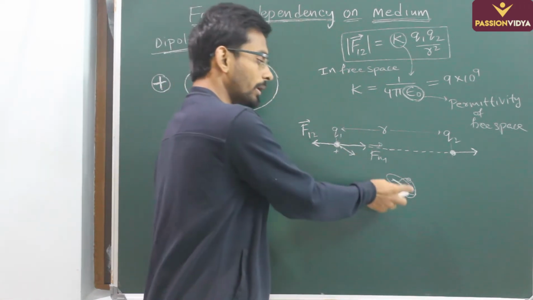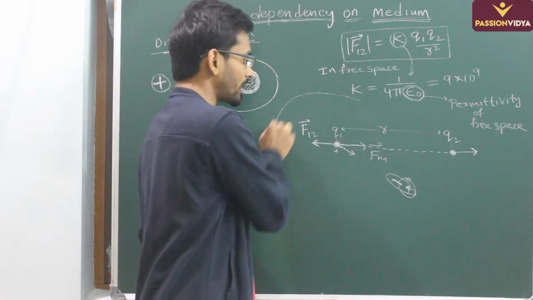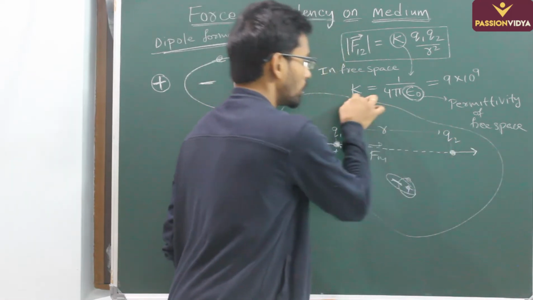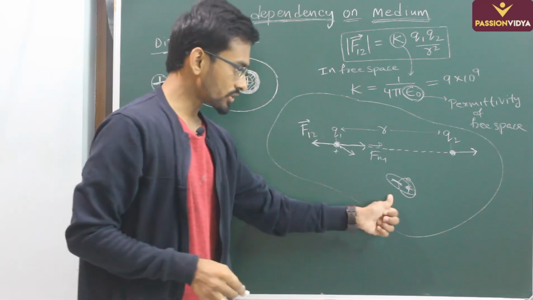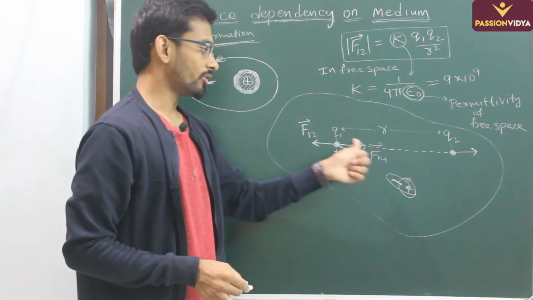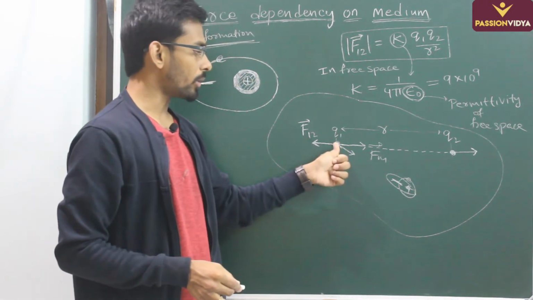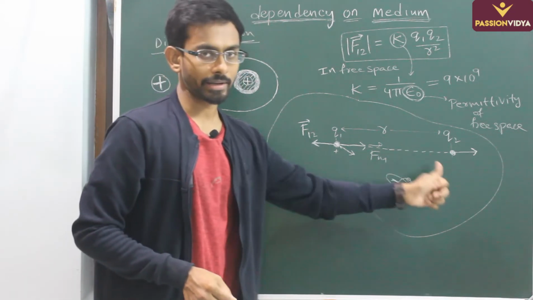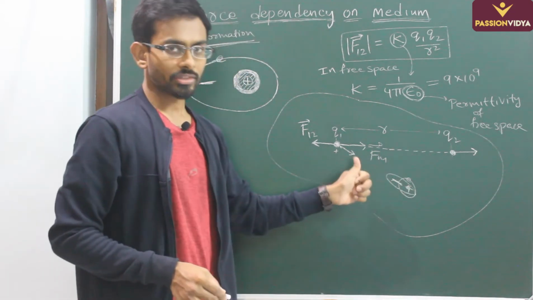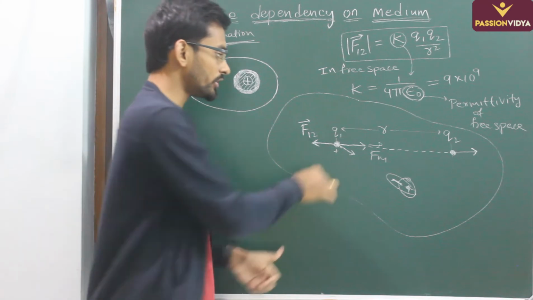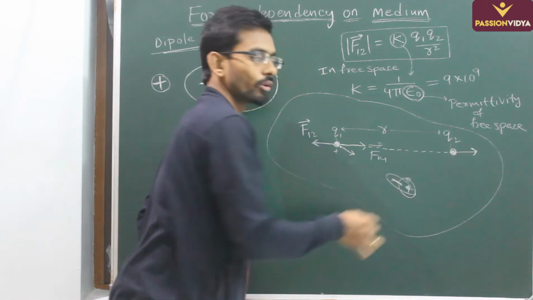Now similar to this atom, there are several atoms in this medium. So due to these distortions, there will be a force applied by the medium on these two charged particles. So due to this, the net force acting on these two charged particles will change.